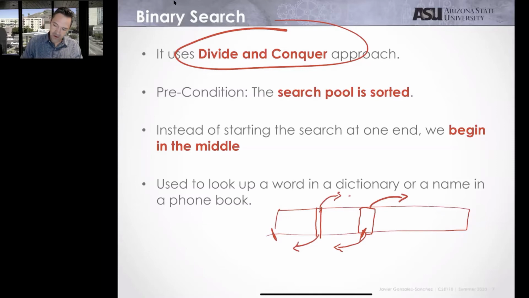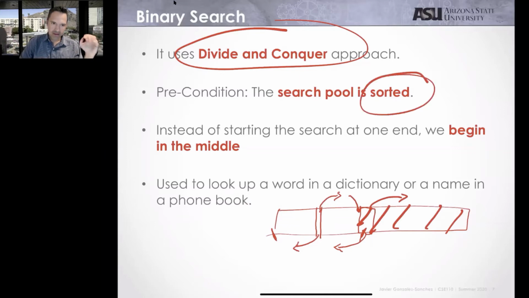Obviously, in the other one, stopping here, because we already eliminated this part. So this idea of cutting in two parts is the one that gives the name binary search. Obviously, again, the information needs to be in order. The example of the dictionary.